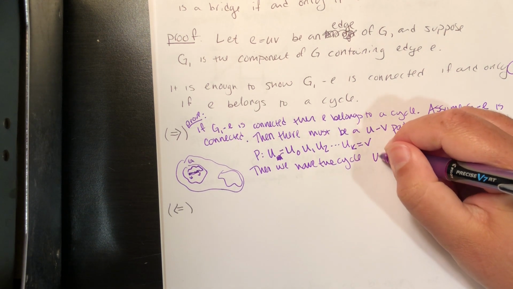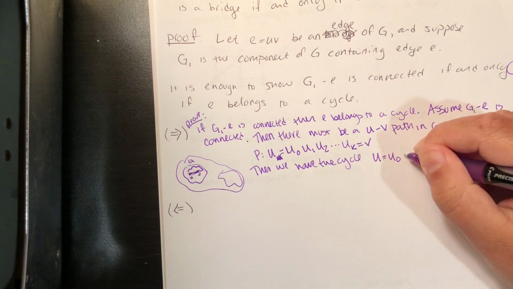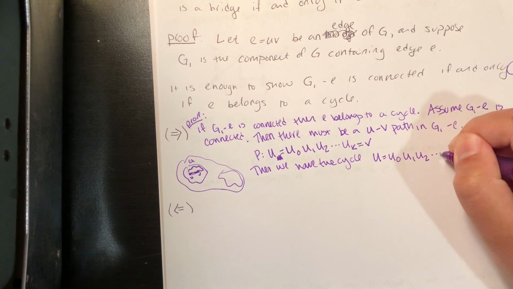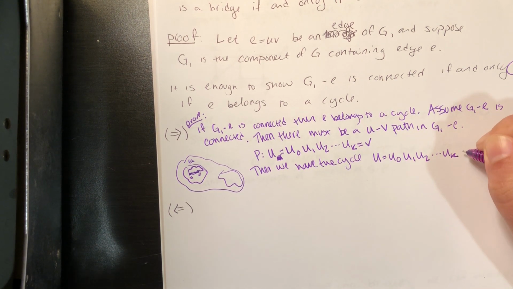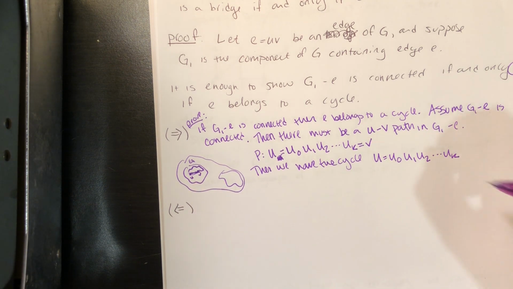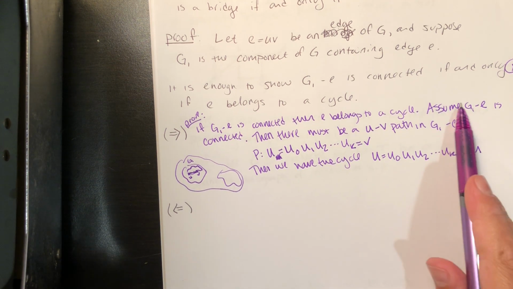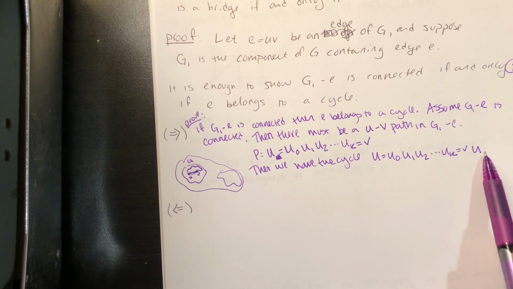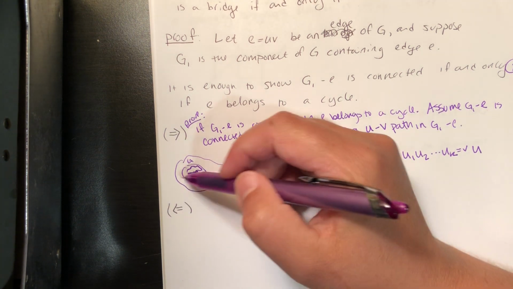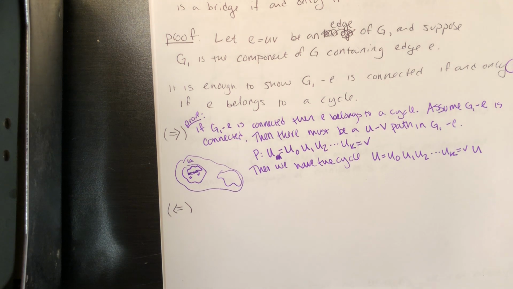We have the cycle U, which is U0, then U1, U2, all the way to UK, which is just V, and then finally go back to the beginning U, because within this component G1, within your original graph, VU is an edge. So we have this cycle, which proves this direction of the proof.